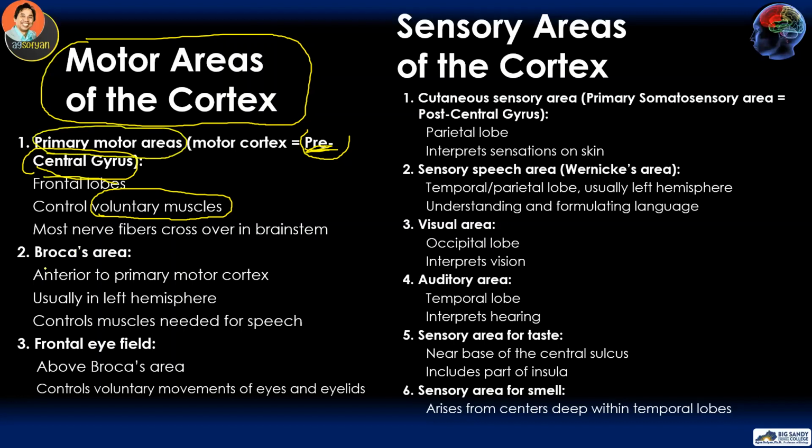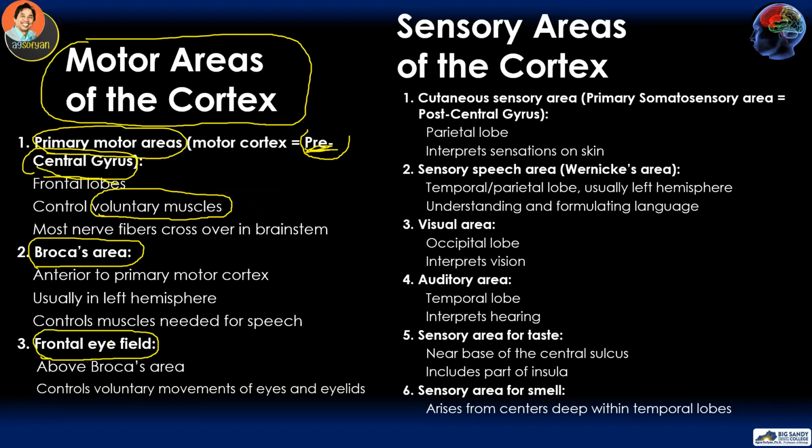And also in the frontal lobes, there is a special area that controls our speech. It's called the Broca speech area. This is the one that controls our speech. And there is a special control for eye movement. It's called the frontal eye field.